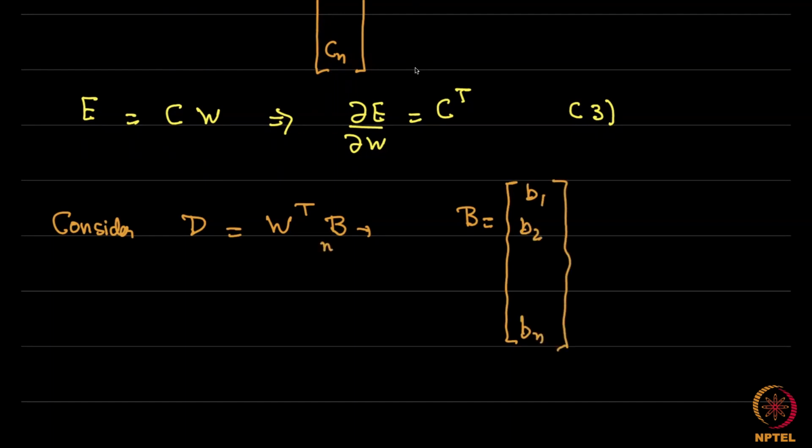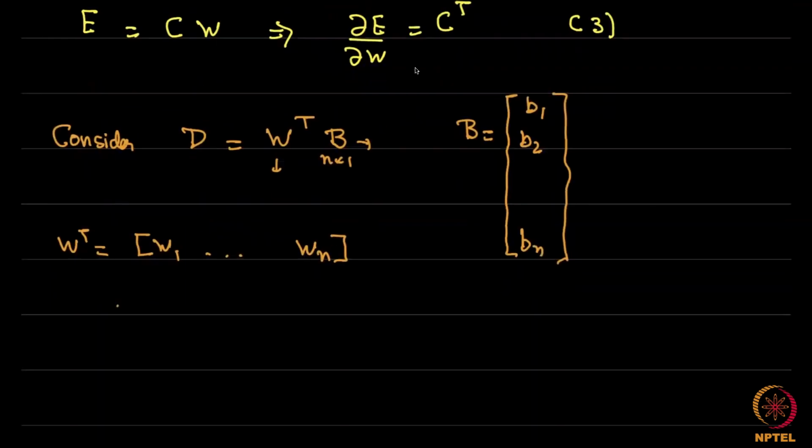So B is an n cross 1. W transpose, of course, is W1 through Wn, which means del D del W is del D del W1, del D del W2, sorry, del D del Wn.